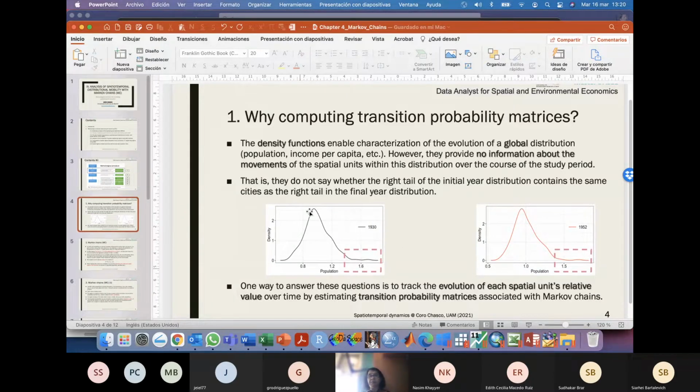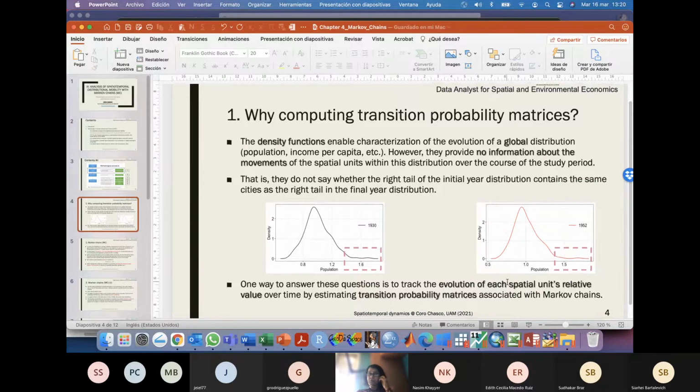The distributions are quite similar from 1930 to 1952, but it is not sure that the municipalities or the cities that are part of this right tail in the first period are going to be the same that are in the right tail two decades after. Okay.